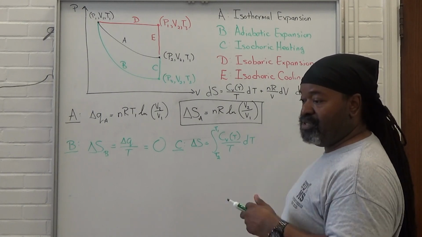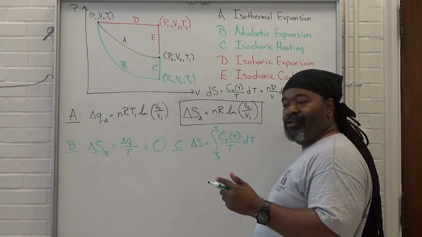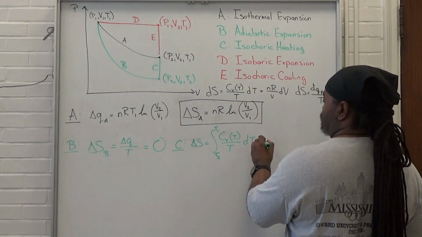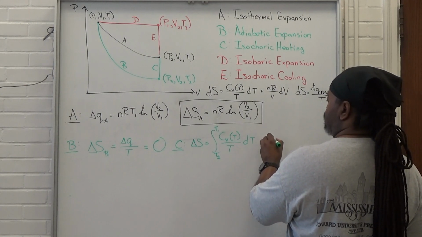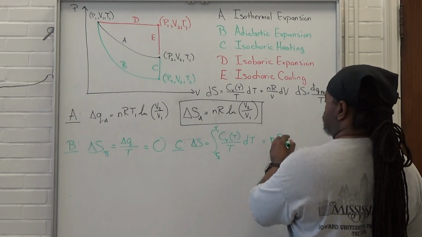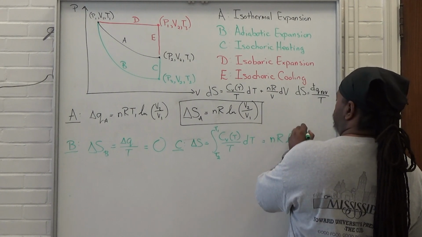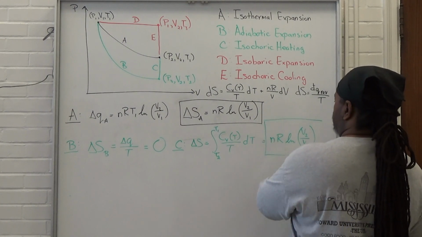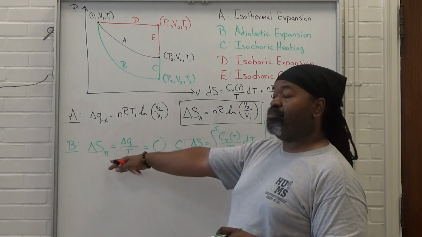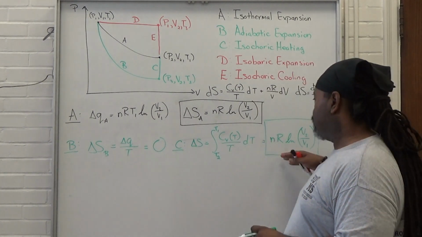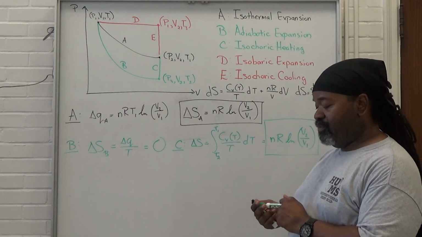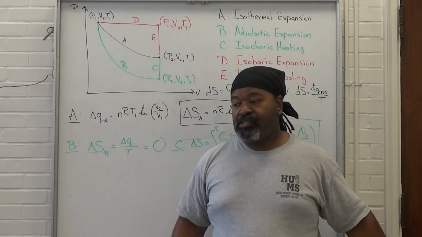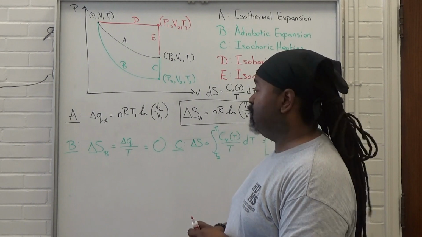Without doing all of the awful algebra in between, this delta S ends up being nR ln V2 over V1. Since the contribution to the green part from part B is 0, the entire thing comes out to nR ln V2 over V1. So the green and the black results both match. The last thing we have to do is the red one.